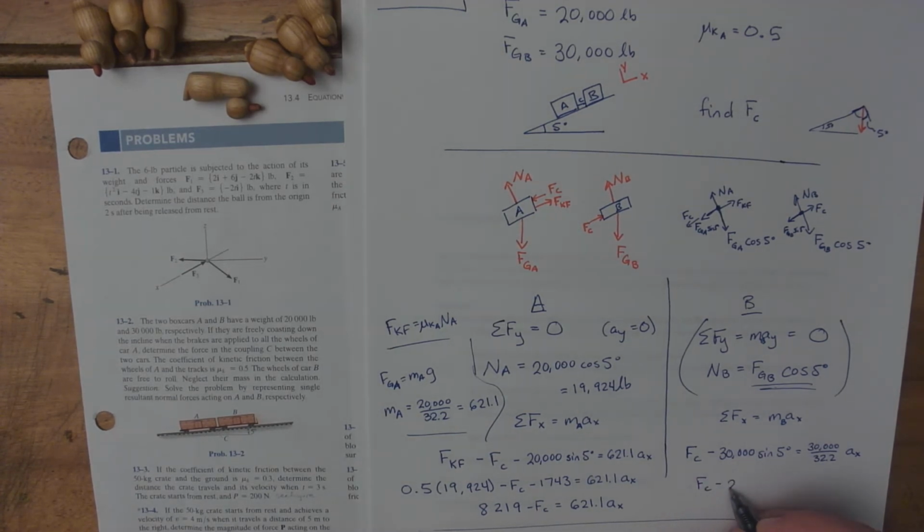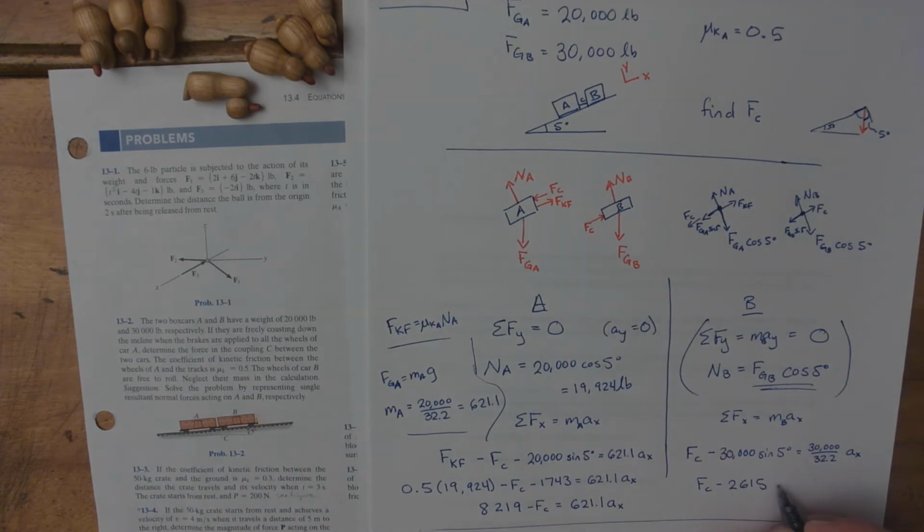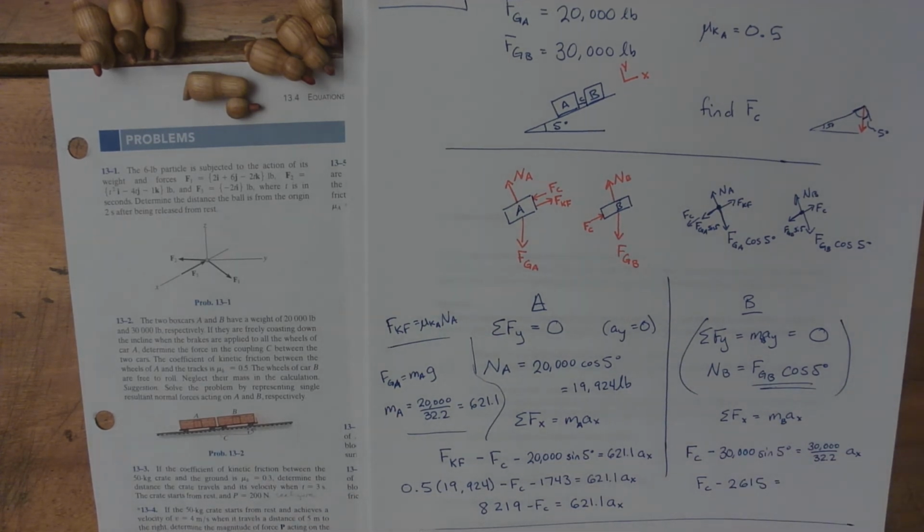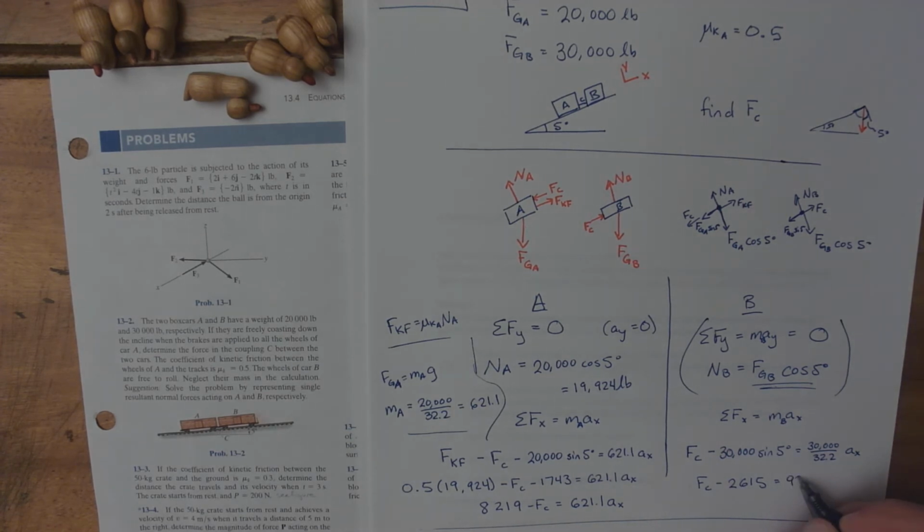So this is minus 2,615, and 30,000 divided by 32.2 is 931.7.